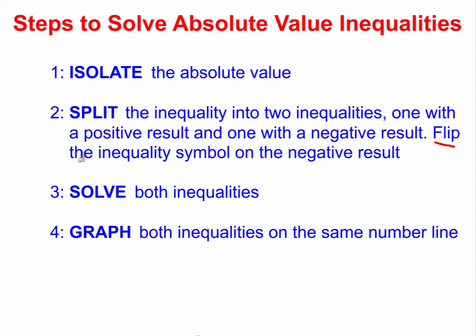The key thing here that wasn't an issue with equations is that on the inequality with the negative result, we want to flip our inequality symbol. If it's greater than, it becomes less than. If it's less than, it becomes greater than. Then we want to solve both inequalities, and then graph both inequalities on the same number line. So let's go ahead and do this.